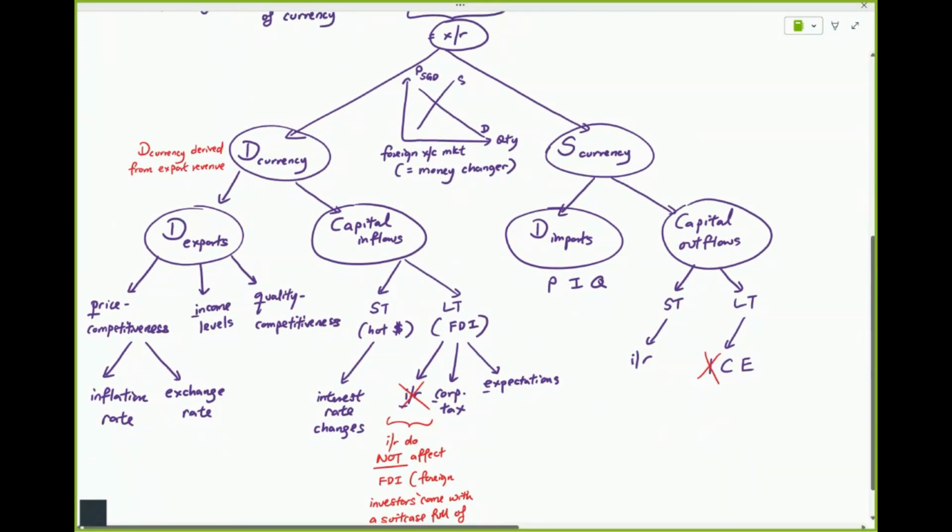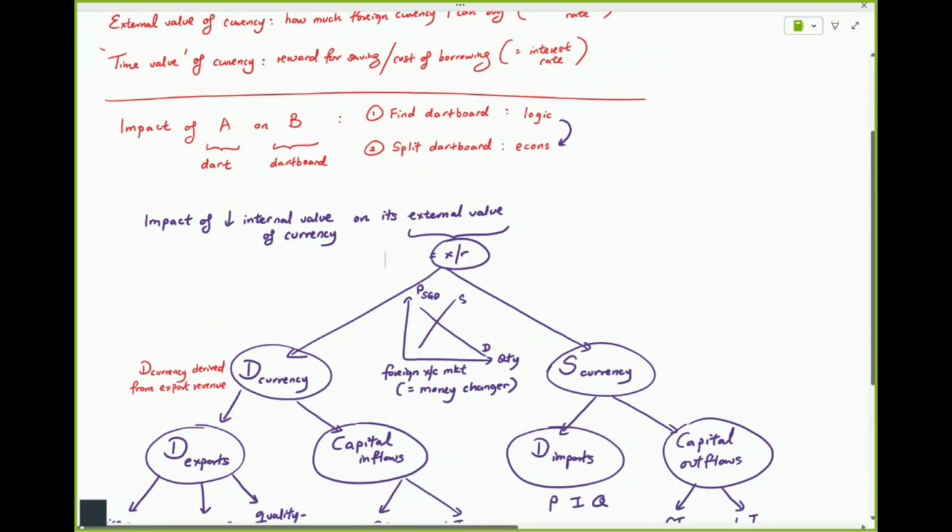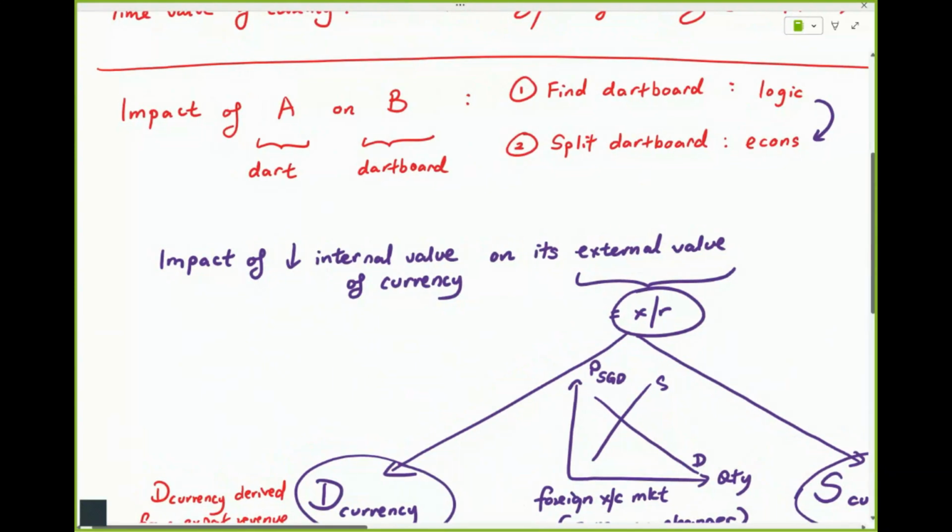Do you remember what was the dart? What was the event? What was the question? Impact of a fall. Yes, very good. Impact of a fall in internal value on external value. A fall in internal value, let me use a different colored font. Okay.